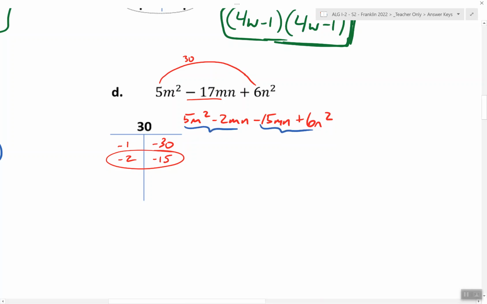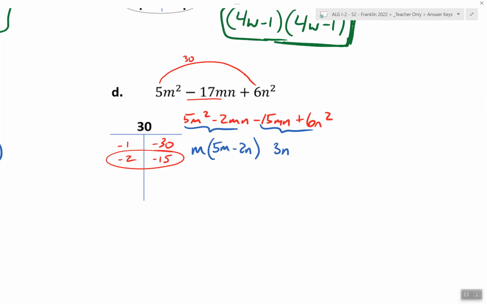Okay, we're going to take out, looks like just an m from this set, so that leaves 5m minus 2n. From the second set, we can take out definitely a 3n, but again, we want to match up the positive and negative signs.